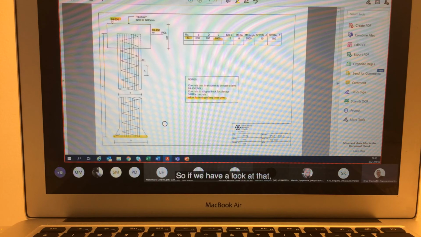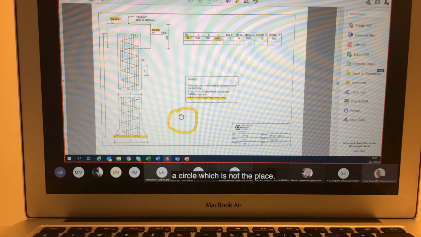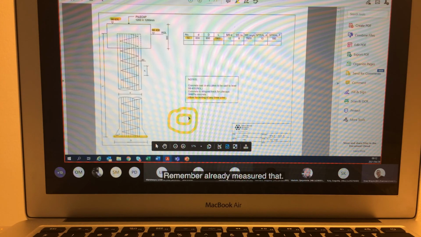So if we have a look at that, it is at 900. But in order for me to determine that, what do I have? If I could draw this, so try and draw a circle, which is not the best. And I have my pile on the inside. Remember, I've already measured that.